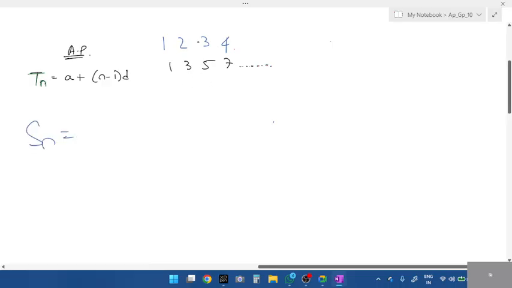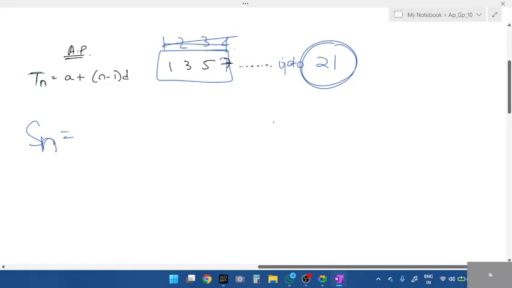S of n is nothing but this 1, 3, 5, 7 up to a given value. Up to 21 values. Now how many values are there, students? Now there are only 4 values. Up to 21 you have to take, and add them. That is the question. Sum.